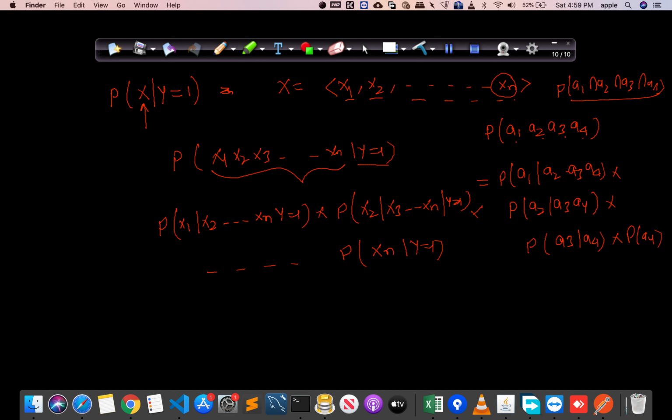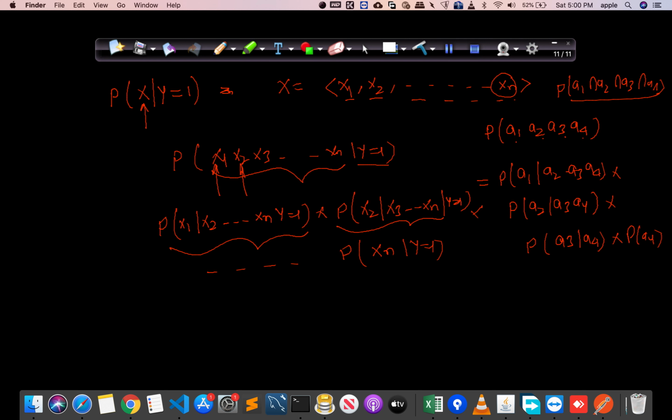Now this term itself will take a lot of time to calculate. So this is not feasible, because we will have multiple terms. So the assumption that we make in naive Bayes is this: the value that x1 will take is independent of the occurrence of x2 or not.